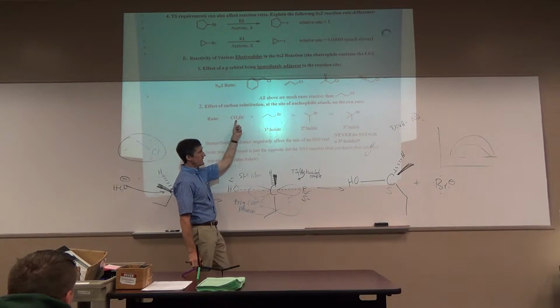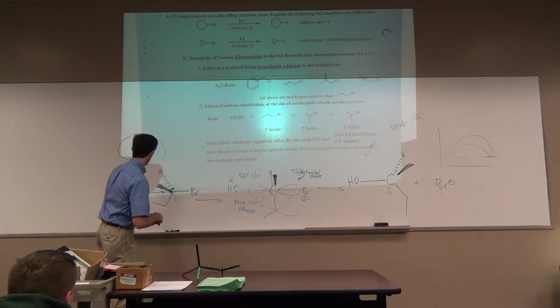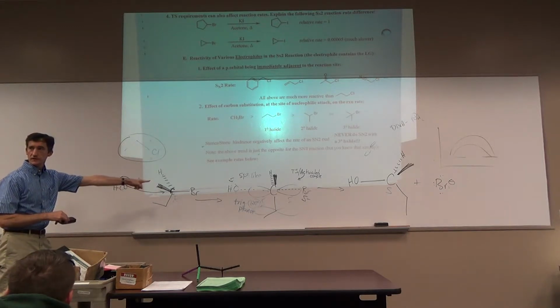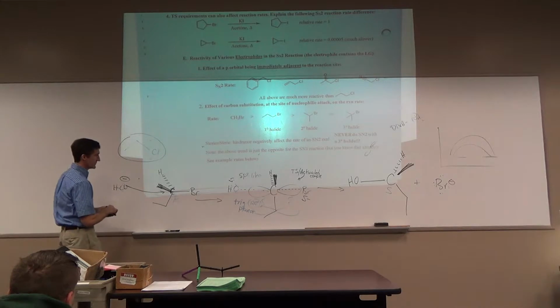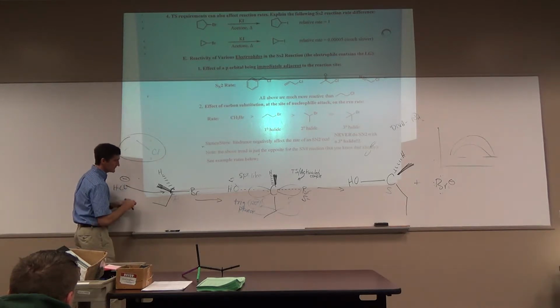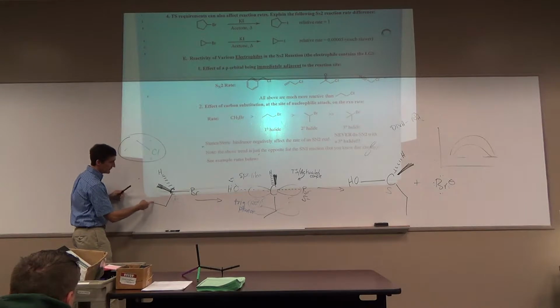Why is this one so much faster than that? Should we go to the transition state? Take a look at this. Don't try to draw this. You'll spend all your time just drawing. Look at these groups here. This is an ethyl and a methyl.